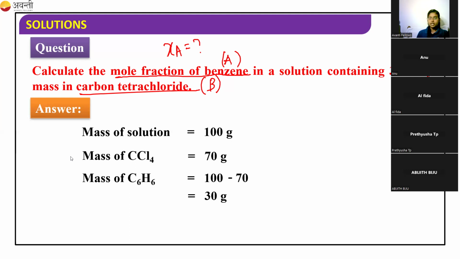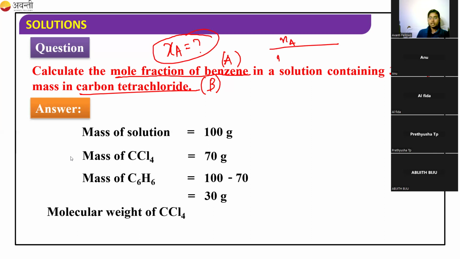Now, next I am going to find the molecular mass. Why do I need the molecular weight? To find the mole fraction, we need the number of moles of A divided by the total number of moles, right?